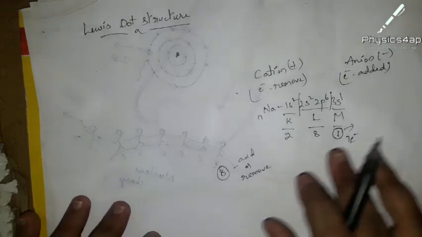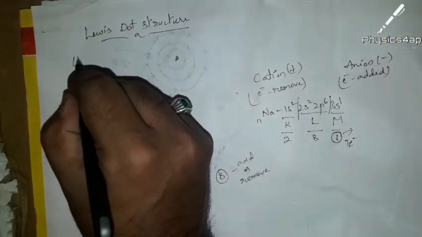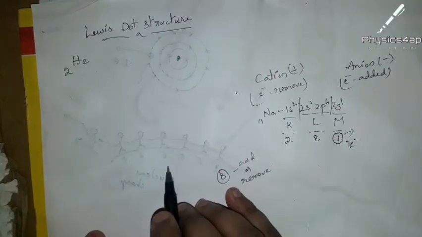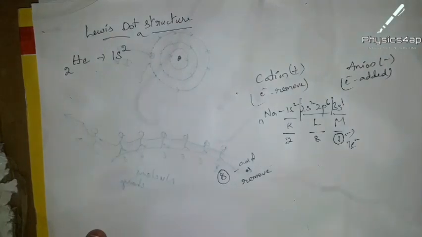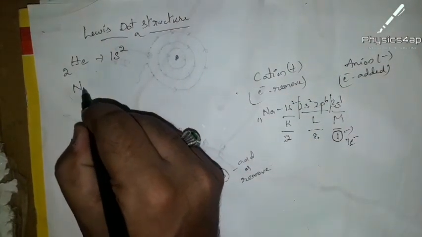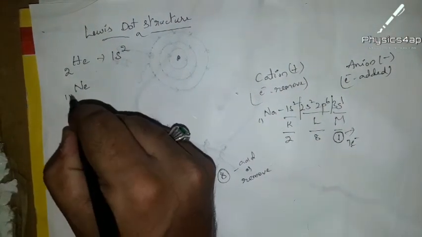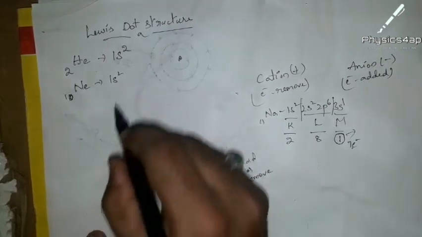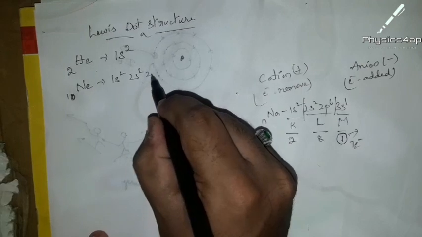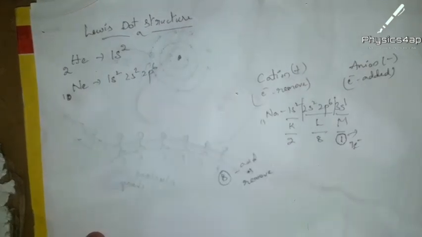For example, if we take helium, atomic number 2, the electronic configuration is 1s2. As well as for neon, atomic number 10, the electronic configuration is 1s2, 2s2, 2p6.